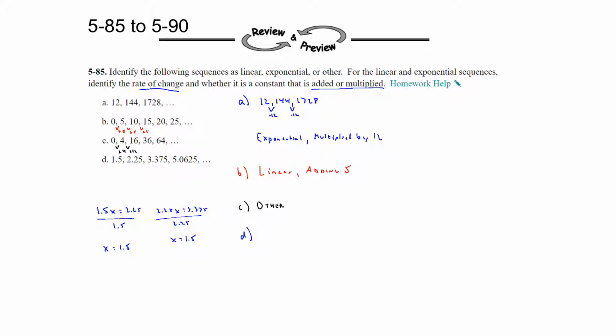So it looks like the multiplier is 1.5, and you can double check by multiplying each term by 1.5. If you multiply this by 1.5, you get 2.25. And if you multiply this by 1.5, you get 3.375. And so on here. So it is true that it is exponential, and it gets multiplied by 1.5.